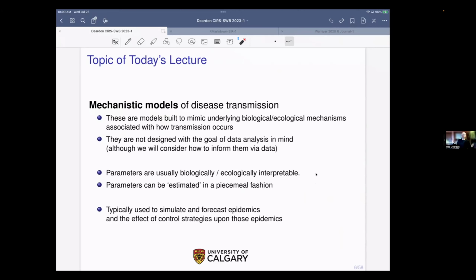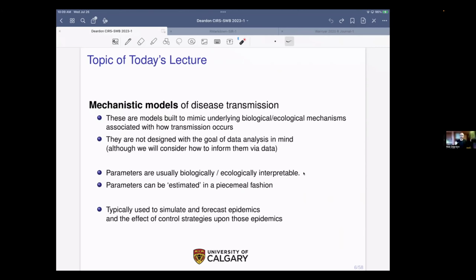You have a parameter that might represent your contact rate or the rate at which disease transmits through the population, as opposed to a linear model where beta 1 is what happens if you increase x1 by 1 unit after accounting for all x2, x3, x4, which are really mathematical interpretations in my mind that are mapped onto the system. That's how I see it anyway.